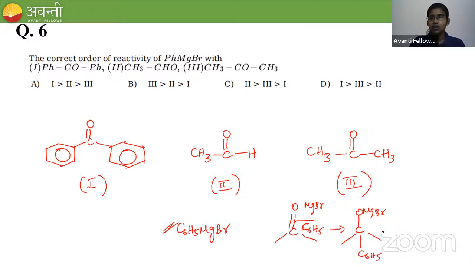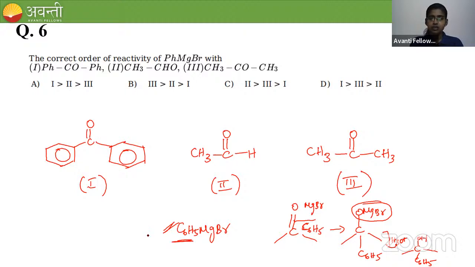This compound on hydrolysis forms, the whole group will be converted to OH, right? We'll get OH here and C6H5. So this is basically the nucleophilic addition reaction where C6H5 is the nucleophile getting added to the carbonyl carbon.